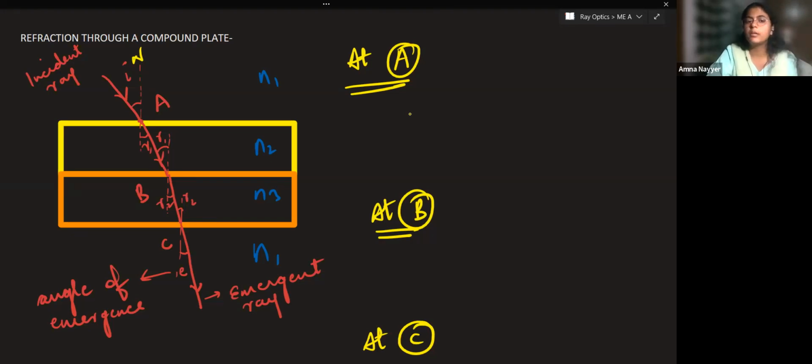Now coming to point B, what happened to the refracted ray that was passing through point A? This is now the incident ray for this new point, that is point B. So at point A it got refracted and now it is incident at this point B. I'll show you this first.